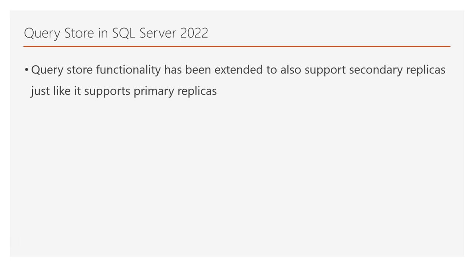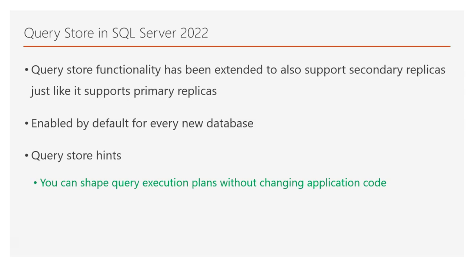Another enhancement is that now Query Store in SQL Server 2022 is enabled by default for every new database. In addition to this, note that there are now some very interesting Query Store hints added in this release of SQL Server. So using these Query Store hints, you can shape query execution plans without changing application code.